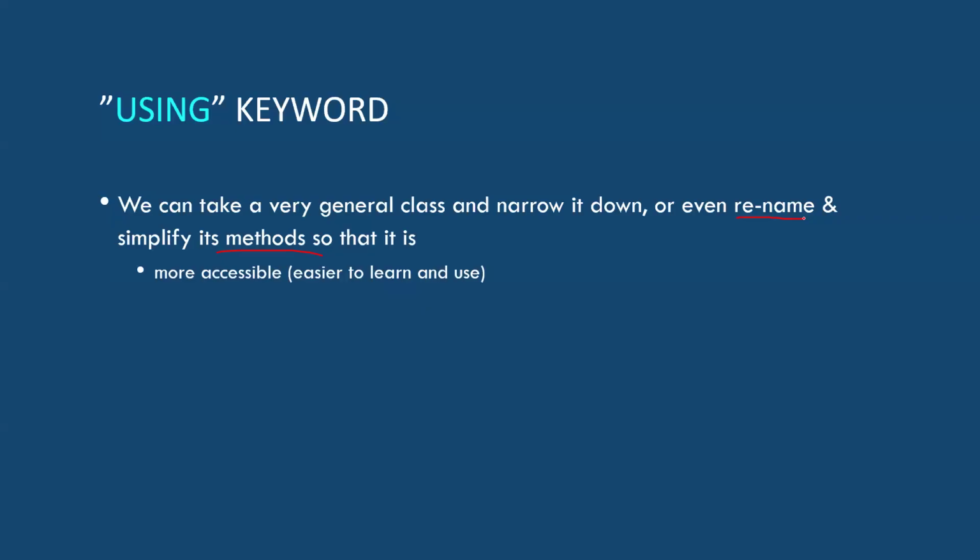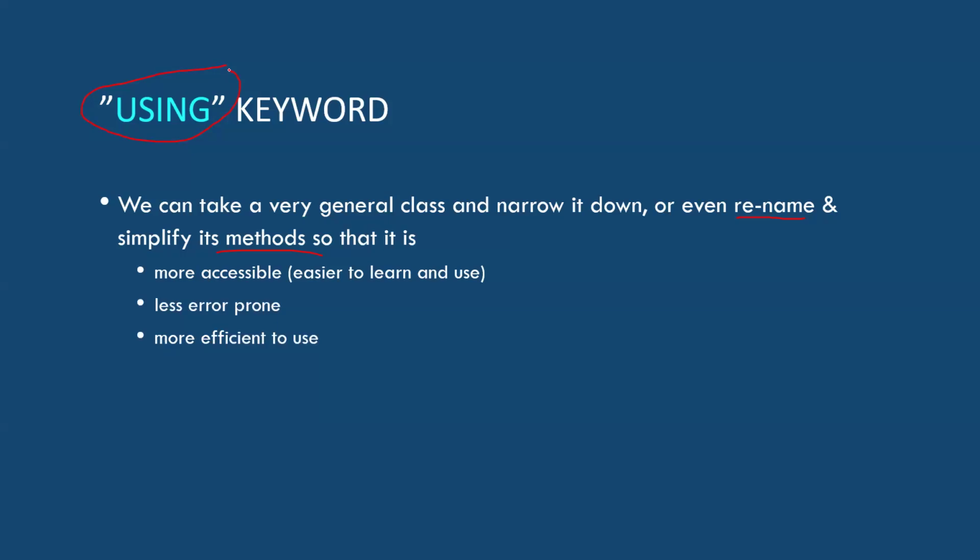So, for example, when we use stacks and queues as those adapter containers, when we were studying containers, those were really based on vectors, right? Or some other generic container. But the using keyword was used to hide certain things and expose other things, okay?